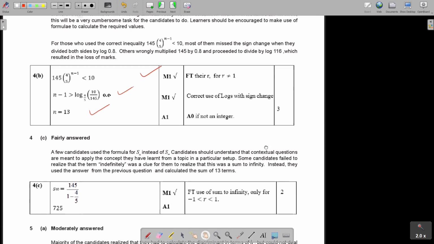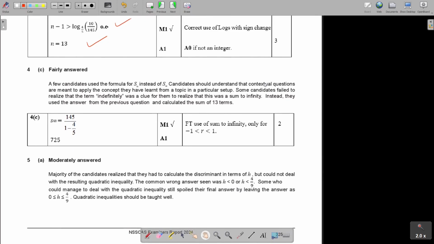And then the final one was fairly answered. A few candidates used the formula for Sn instead of the sum to infinity. Candidates should understand that contextual questions are meant to apply the concept they have learned from a topic in a particular setup. Some candidates fail to realize that the term indefinitely was a clue that this was a sum to infinity.